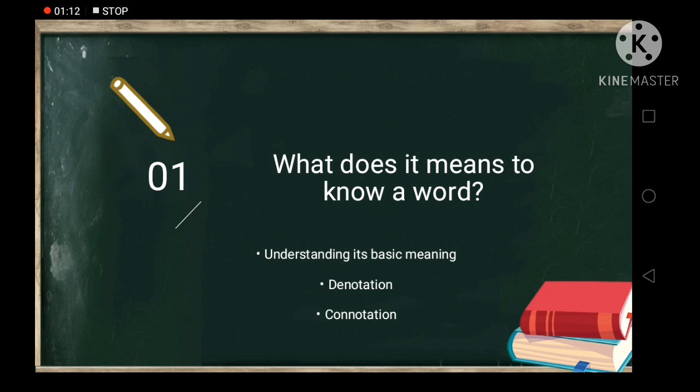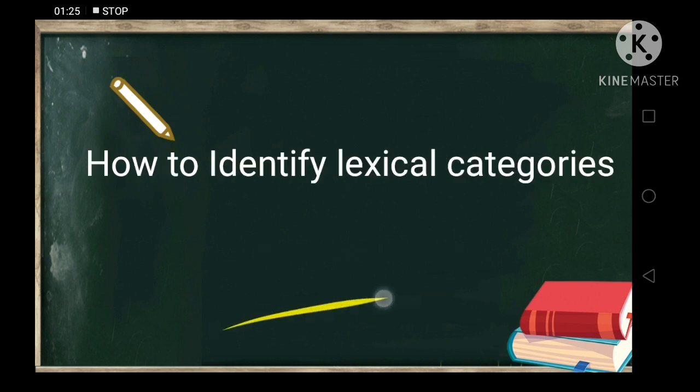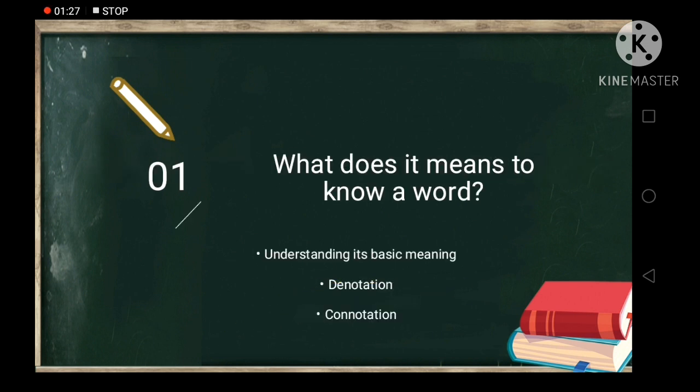We know that blue is a color, but when we are talking about connotation, it invokes a feeling of sadness. So, a connotation can be identified as positive, negative, or neutral.